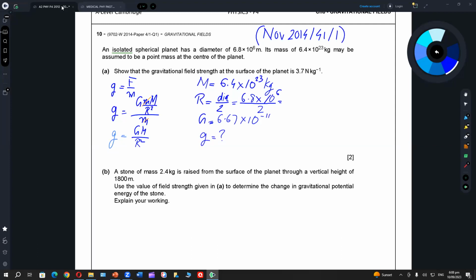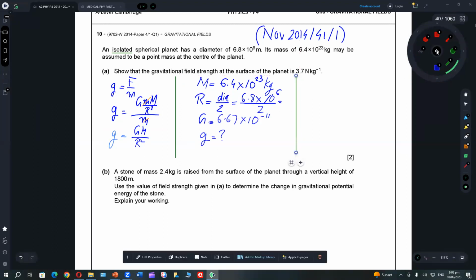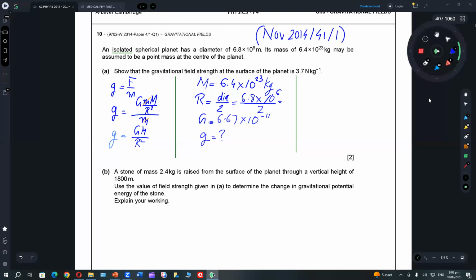Good calculations, Ayan, and the answer is also matching. Good work, so please continue, and other people can also submit their answers. Zayan is telling me the answer is coming 3.7.